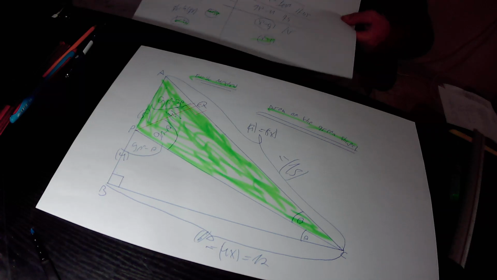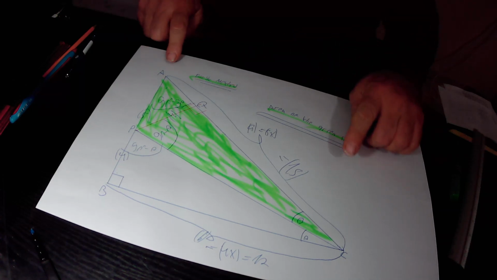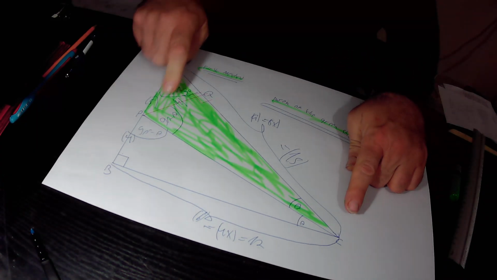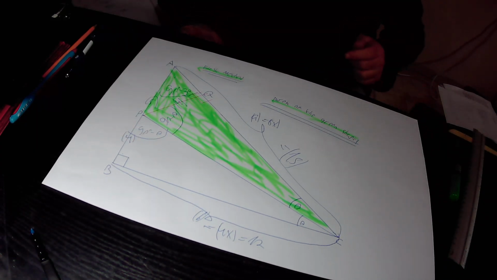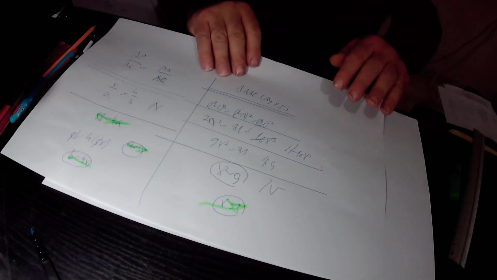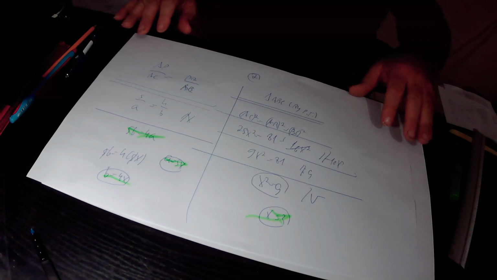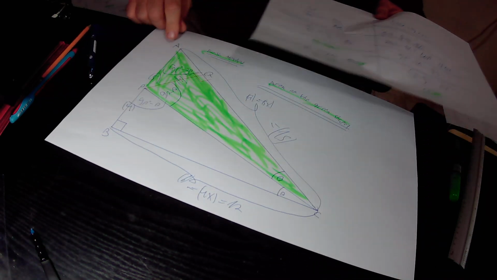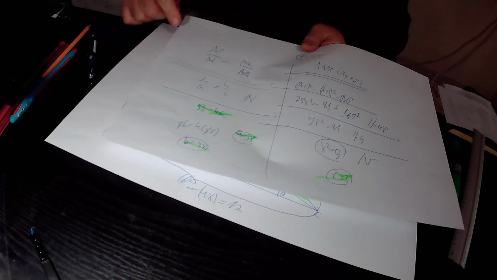We defined AC as A and BC as B. So here AP equals 5 over AC.